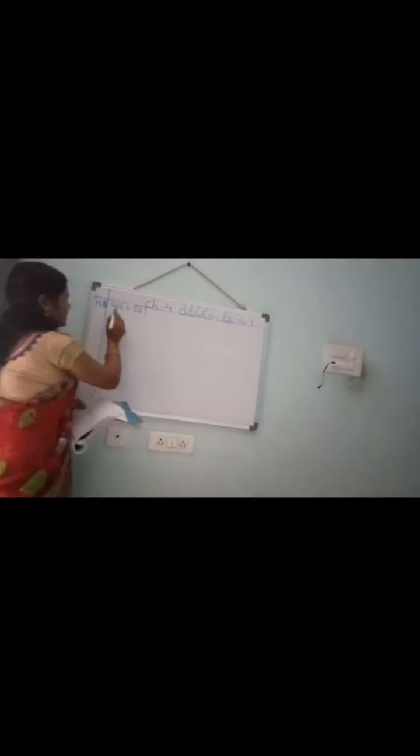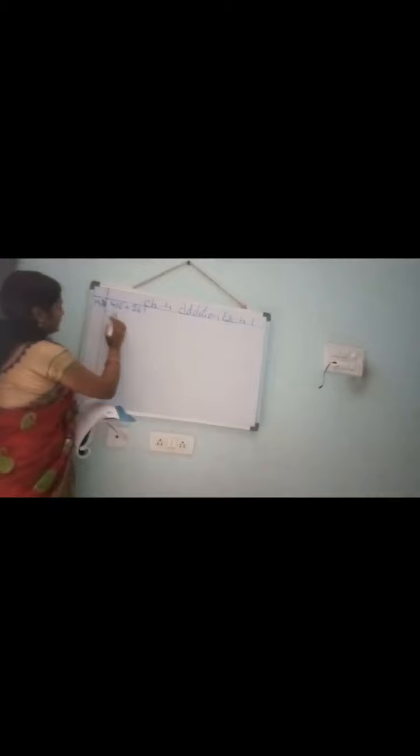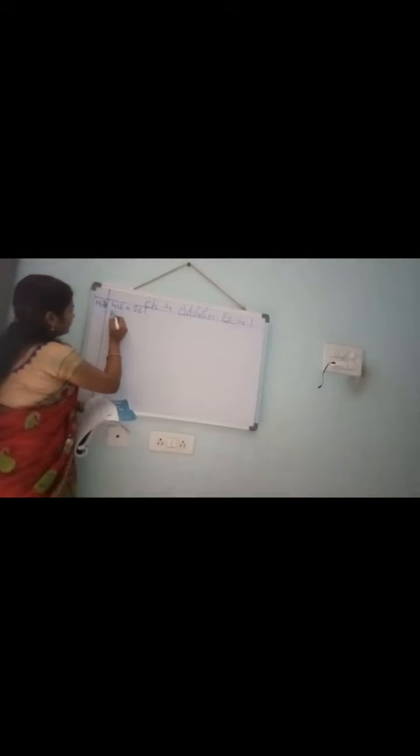Yeah, children, B1. Again, see 416 plus 261. What you have to do again? You should estimate the sum as rounding off.